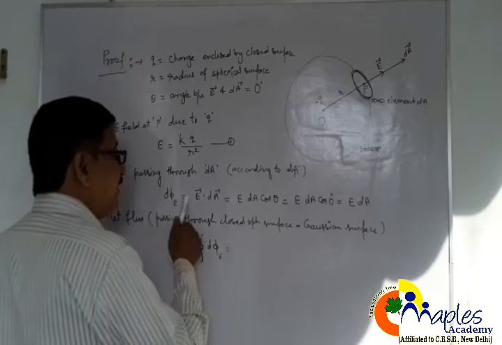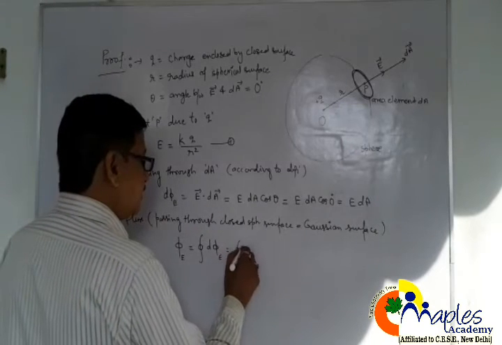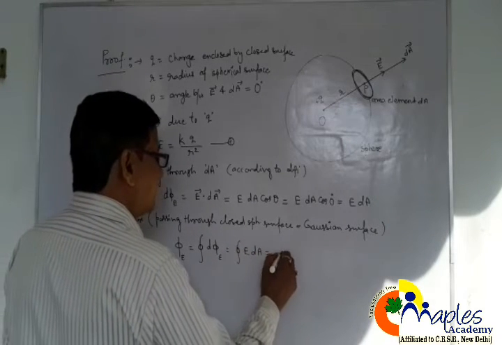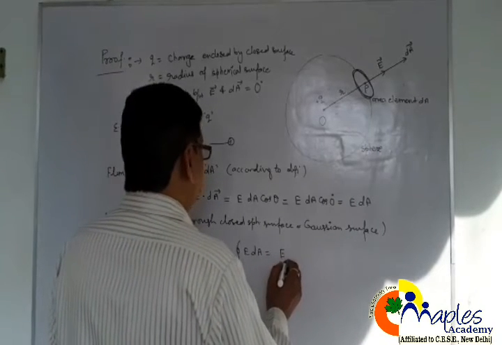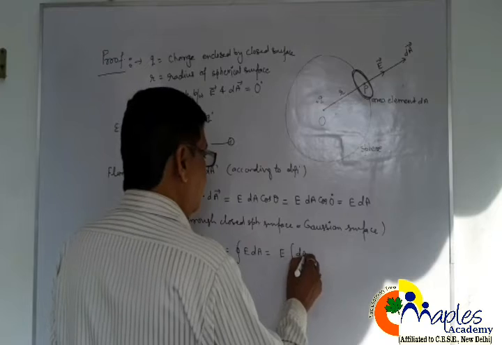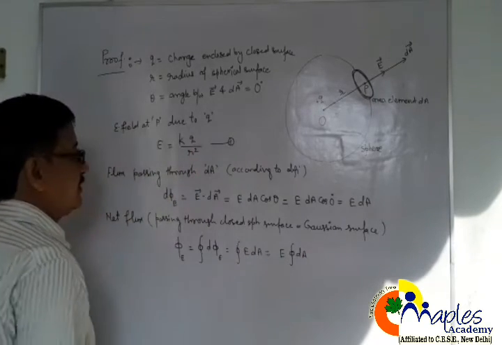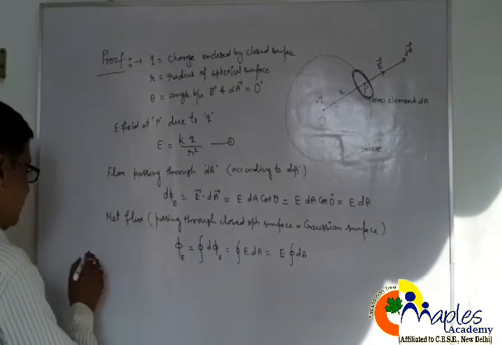Now d phi E equals E dA, so integration E dA equals E times integration dA.